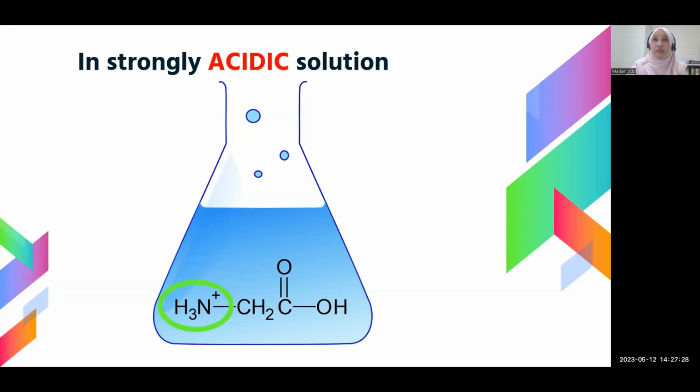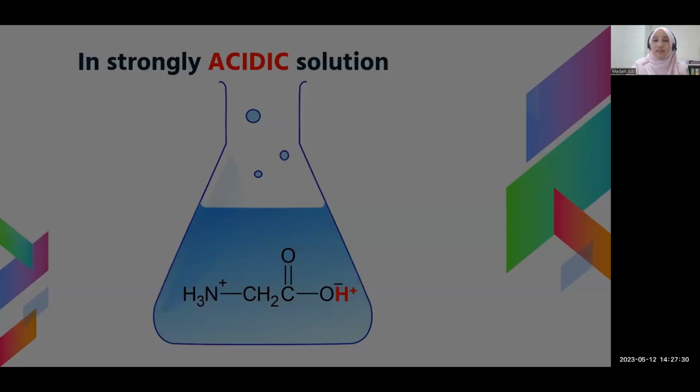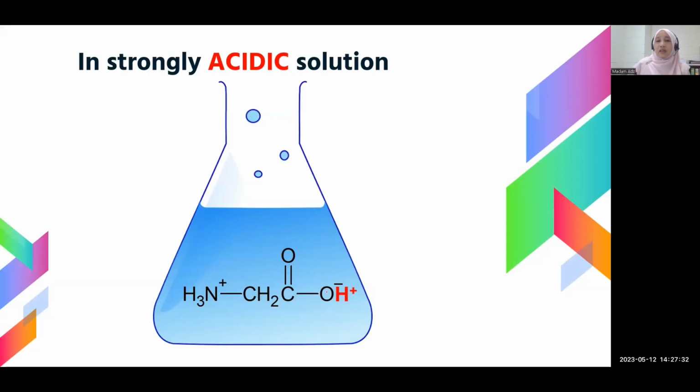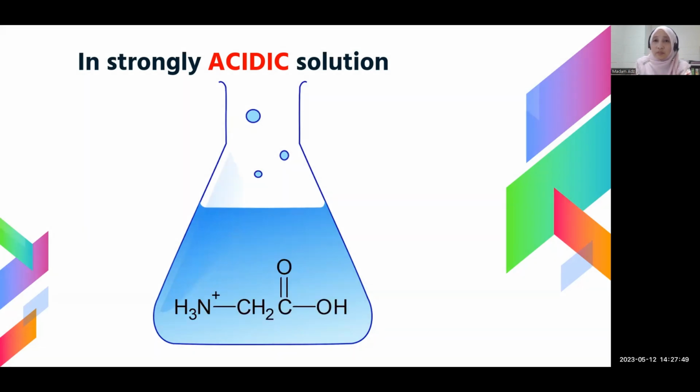Okay, nampak tak tadi apa yang berlaku? Saya ulang balik semula. Jadi sekarang carboxylate tu, C double bond O, O minus tu dia akan attract the proton. Jadi proton tu akan tertarik ke sini dan menyebabkan sebelah sini dah jadi COOH, sebelah sini akan kekal sebagai NH3+. Dia akan jadi macam tu sebab H dah masuk dekat sini.